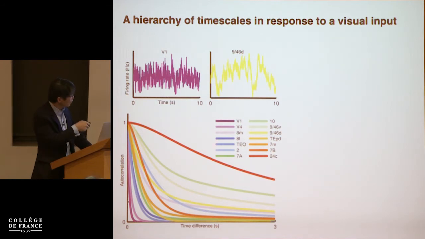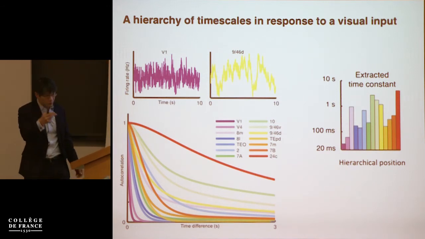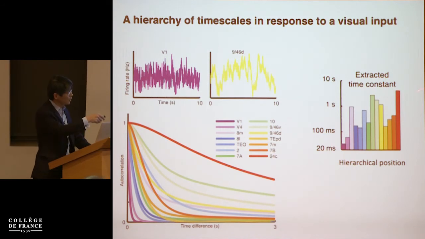Again, areas are indicated by different colors. The extracted time constant is shown over here for areas arranged along the hierarchy. Some areas like V1 show a very short time constant. This is a log plot, 20 milliseconds, whereas some other areas show a pretty long time constant. It's useful to mention that the time constant from each area is not a monotonic function of the hierarchical position.